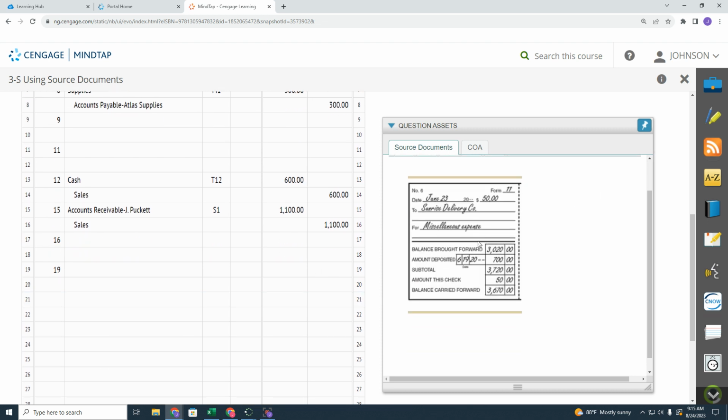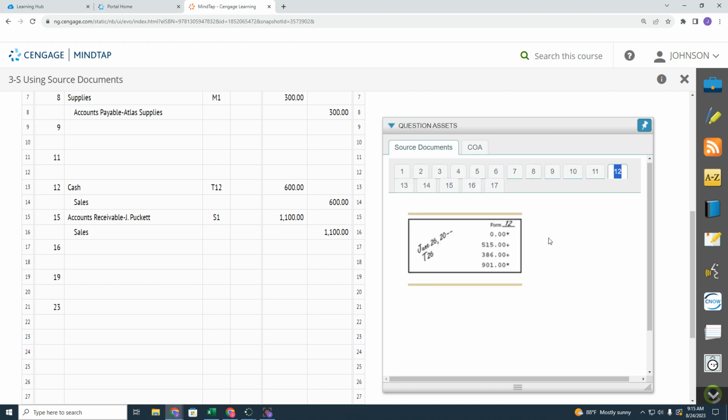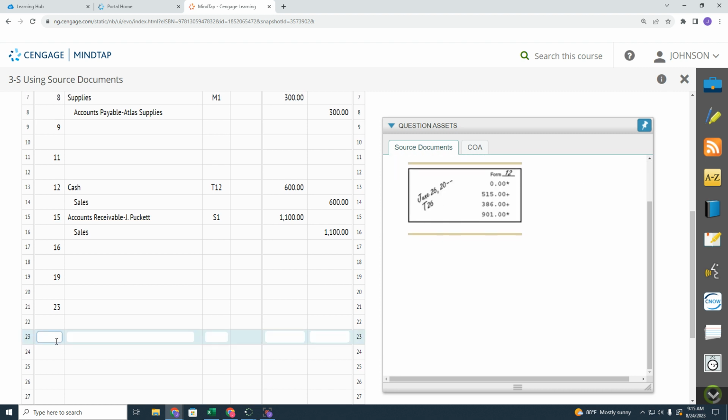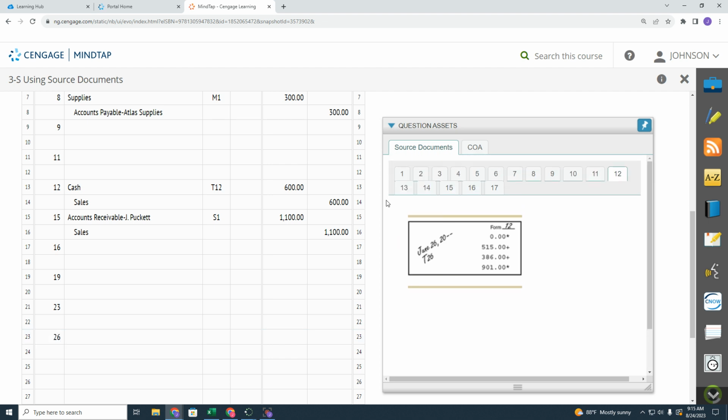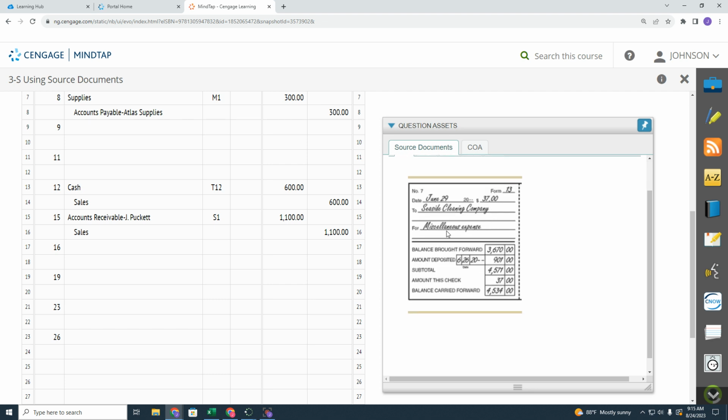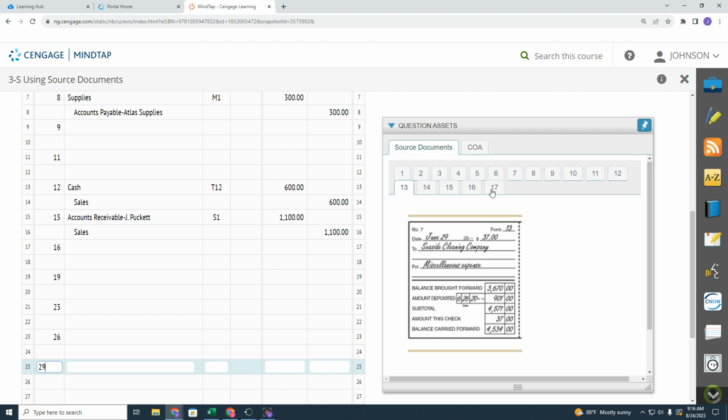Another check for miscellaneous expense on the 23rd. So I'm going to skip that one. On the 12th, we have another calculator tape, so received cash for sales on the 26th. All right, the next is a check for miscellaneous expense. So we've seen that before, on June 29th.